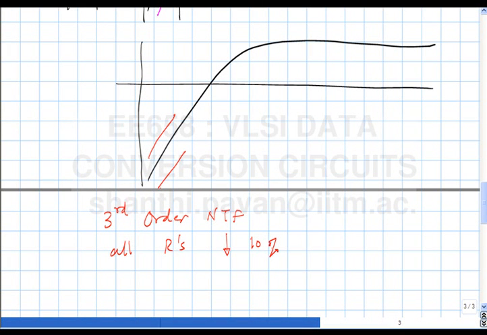So earlier there was some noise which is basically the integral of mod NTF the whole square d omega from 0 to pi by OSR. Now what has happened?